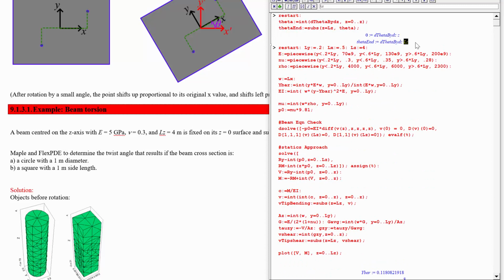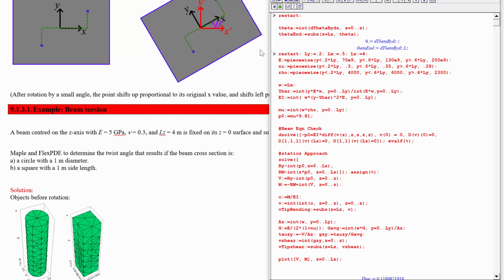So d theta by dz will actually end up being a constant, so it's just going to be this thing times z once we figured out what it is, and then we'll just have that multiplied by Lz to get the angle at the end of it, the twist angle that results at the end of the beam, but also the twist angle that results at any cross-section along the beam, the amount that that thing has twisted compared to the start. So how do we figure out this d theta by dz?